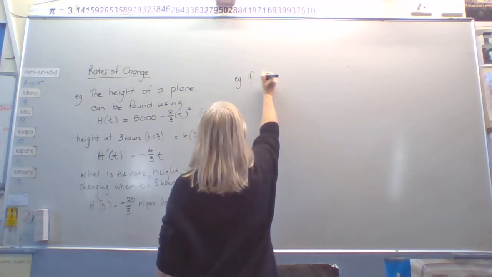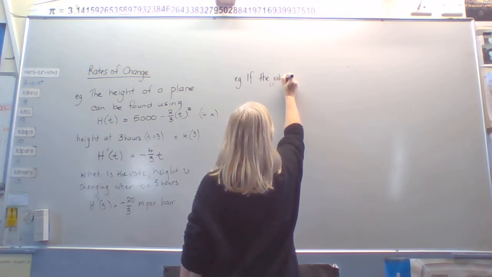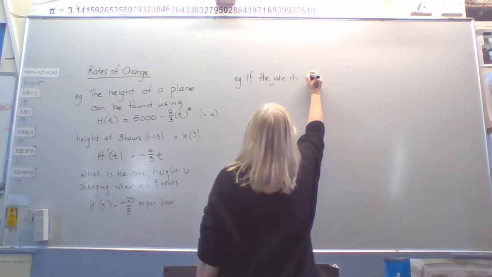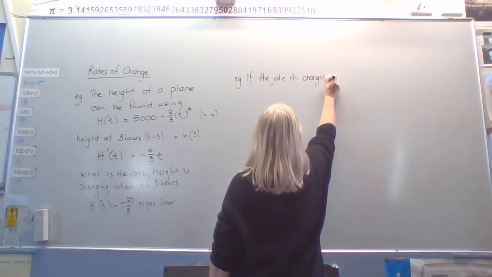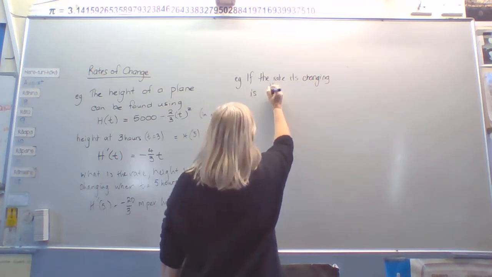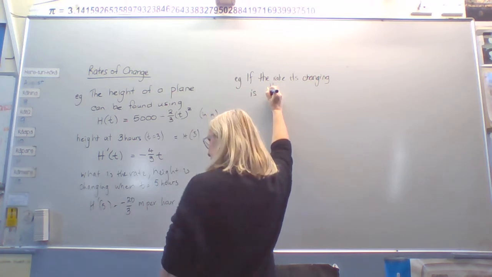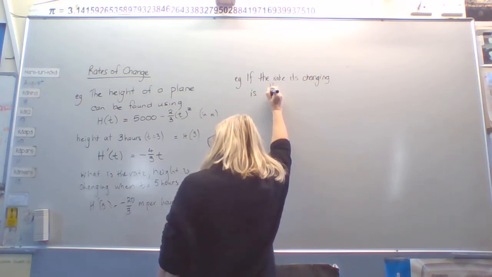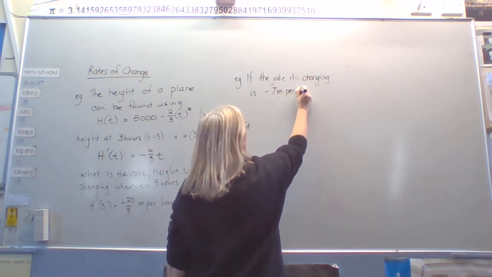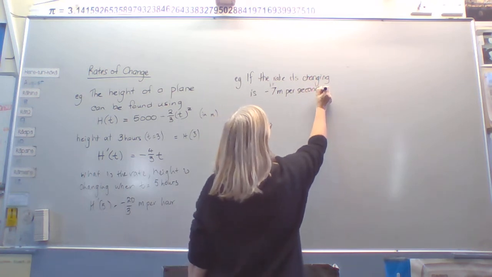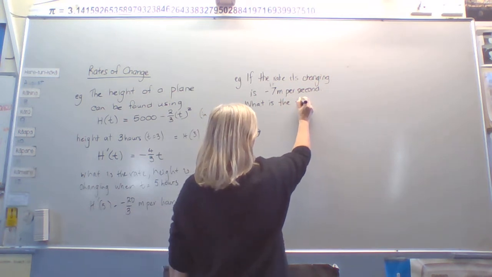So if the rate at which the height is changing is -7 meters per second, what is the time that happened?